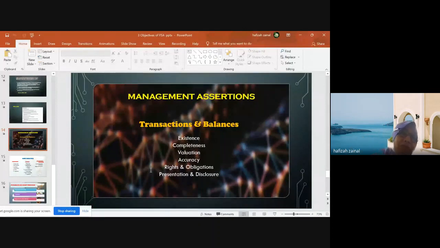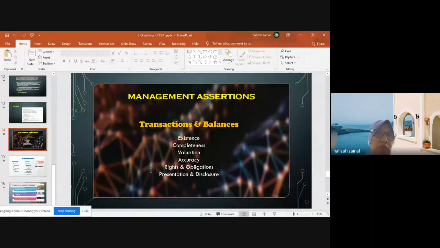And last but not least is the presentation and disclosure. This is the presentation of the financial position and also the SOCI, in accordance with the current practice in the MFRS, and also the notes to the accounts. For example, for PPE, property, plant and equipment, how do you disclose?